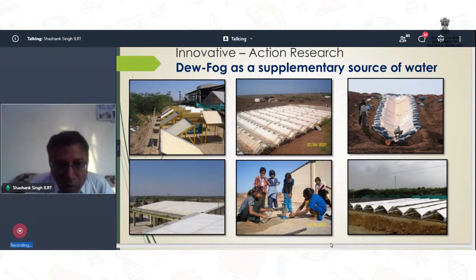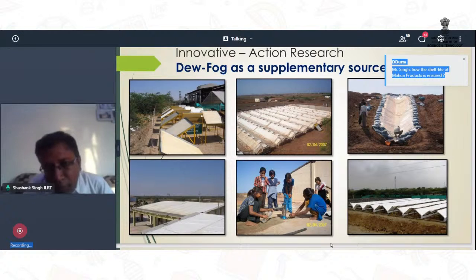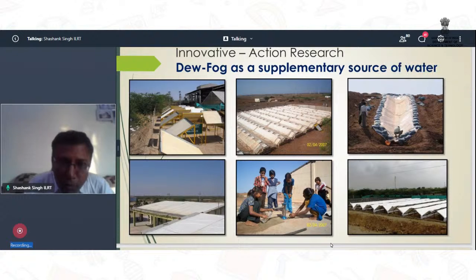The left side shows the test condensers, and the bottom shows the condensers on the school roof. The middle one shows condensers on the ground near Porbandar at a school which doesn't have any source of water. The bottom picture shows that about 300 liters of water was available per day. The children at this school can use it.